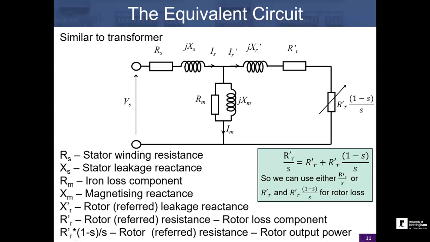And both of these ways are accurate. It's just that the method with the two resistances is quite neat in that it splits directly between the loss-producing component and the component that represents power into or out of our induction motor. So this is our fundamental equivalent circuit, or full equivalent circuit.